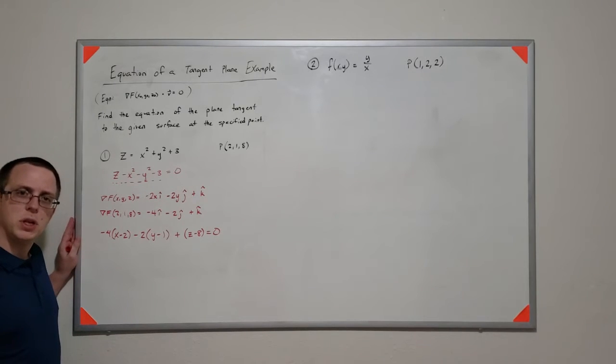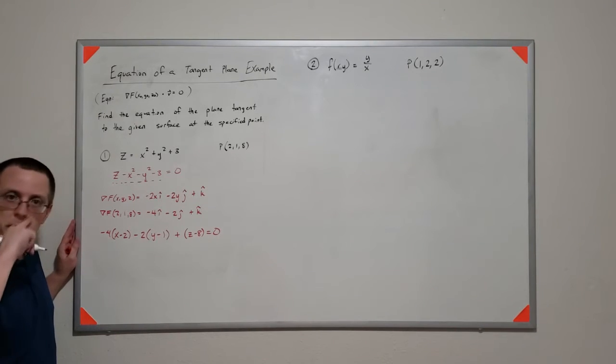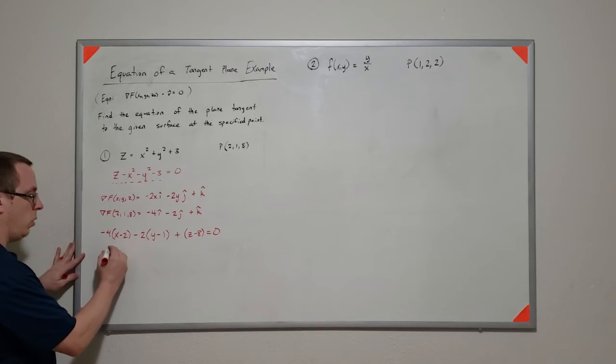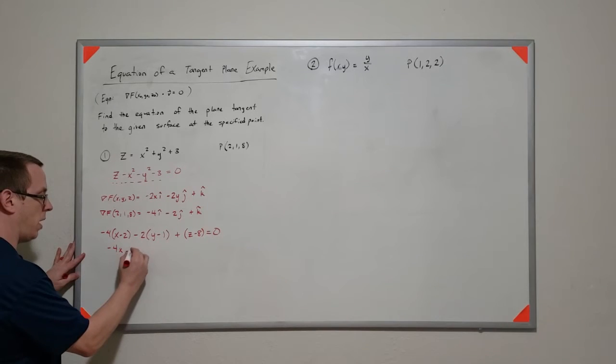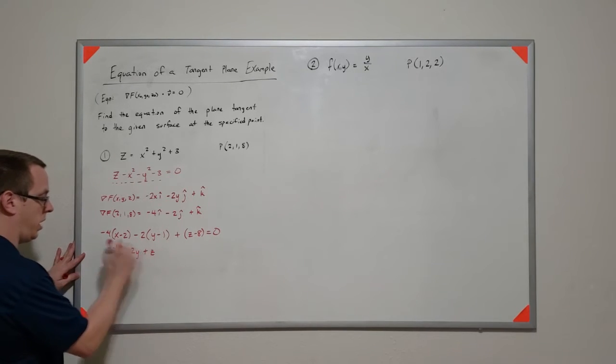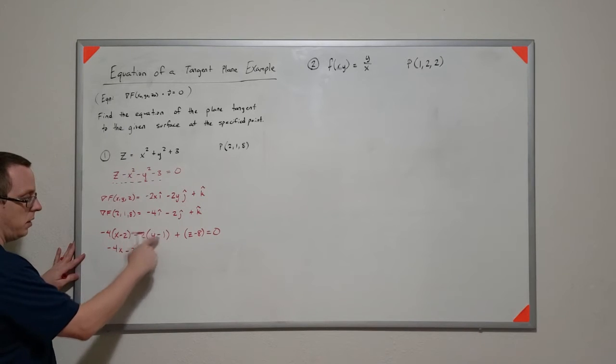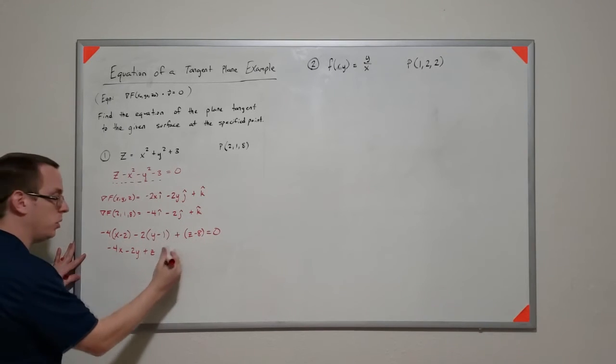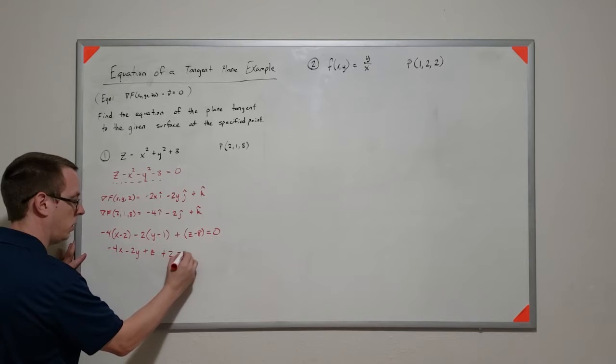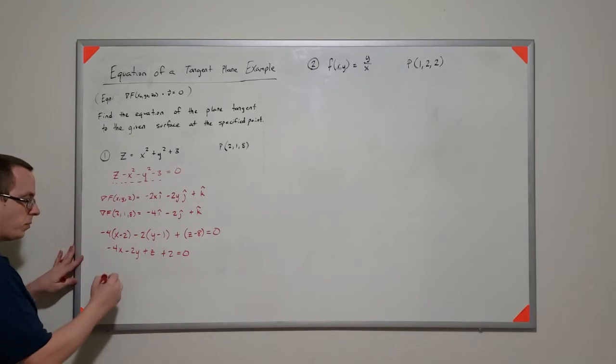But a lot of times people want to clean this up. So I'm going to go ahead and clean this up a little bit. We get negative 4x minus 2y plus z plus 8, 10 minus 2 is plus 2, equals 0.